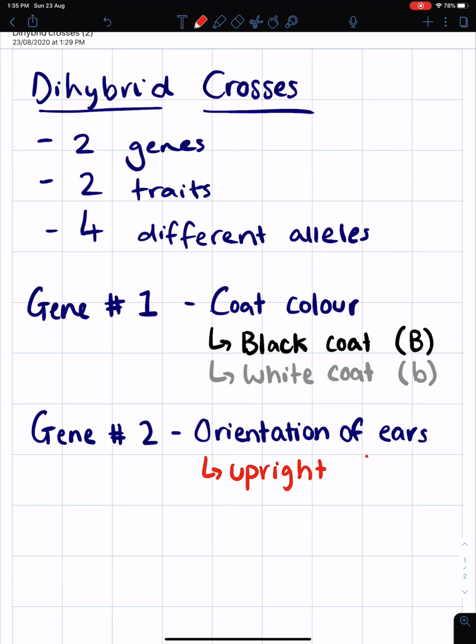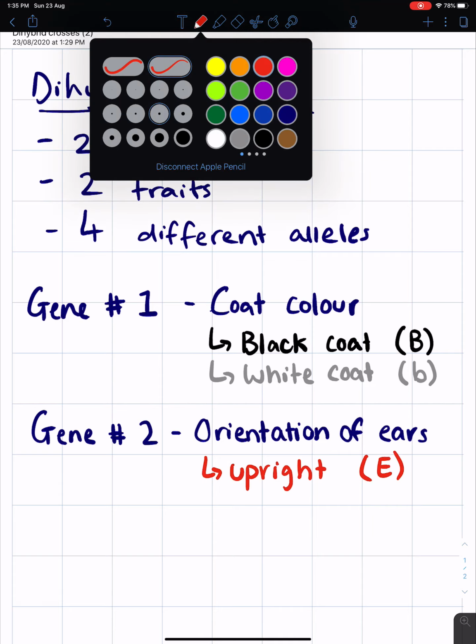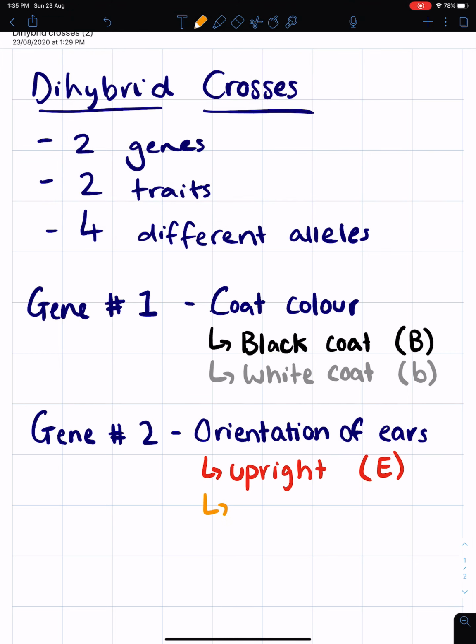So pointy uppy ears have got a big E allele, and then there's floppy ears, which is recessive, so it's got a little e. So there we go, 2 genes, 2 traits, 4 different variations of that trait, and that's what I mean here by 4 different alleles.